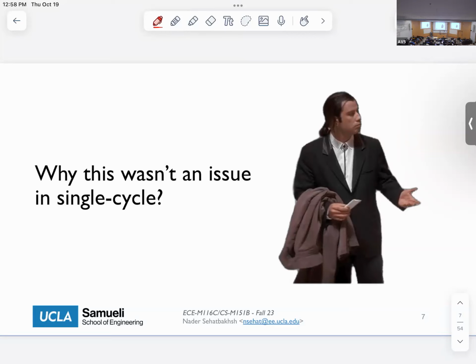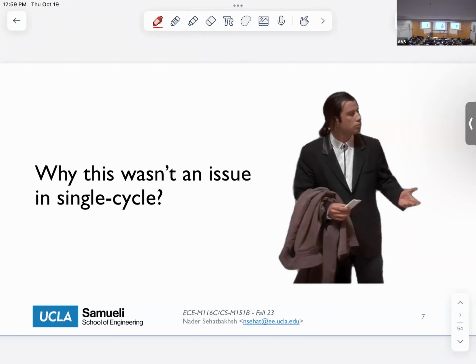The answer was that in single cycle, we finish one instruction and then start the next instruction. So by the time we finish that instruction, we already know whether, for example, this branch is taken or not taken. So the next instruction is already known at that point, right? We already know that this is a taken branch, so I need to go and, for example, load from the C block.